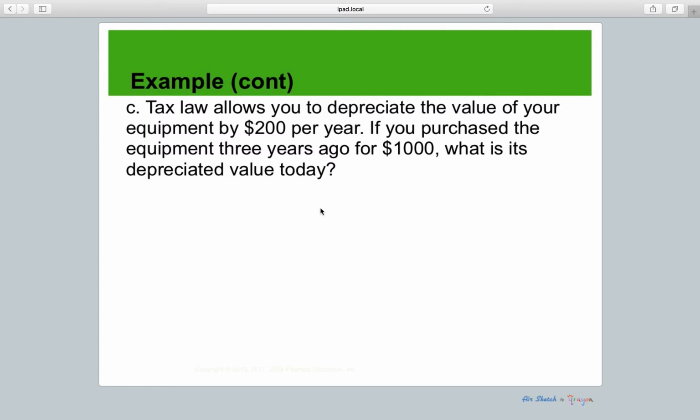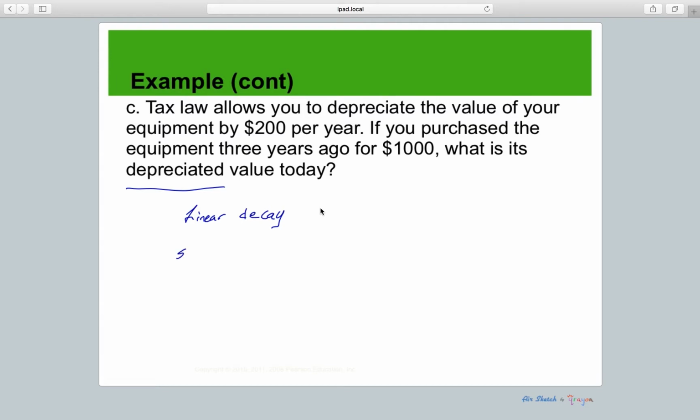Okay, tax law allows you to depreciate the value of your equipment by $200 per year. If you purchased the equipment 3 years ago for $1,000, what is its depreciated value today? Again, they're giving us an absolute amount of decay here, so this is linear decay. And we're just going to create a linear function to figure this out.